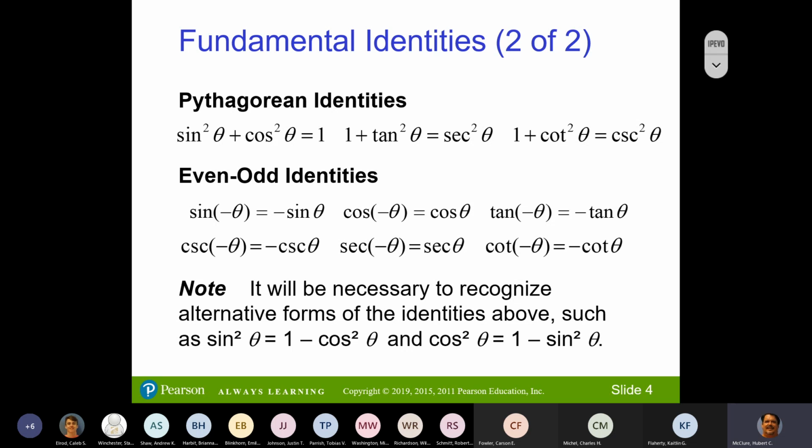And then 1 plus cotan squared is equal to cosecant squared. Now, it's not a big deal that you remember these, but if you want to write them down, it's not going to hurt you.